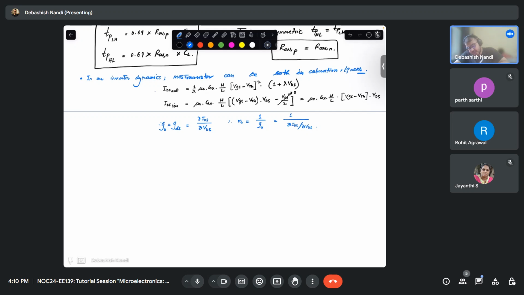So if you take derivative of both of these, what you will find out is that in both the cases, your R on is proportional to 1 over W by L times mu N or mu, let's say. And you know that in case of CMOS, you take into account both of these.